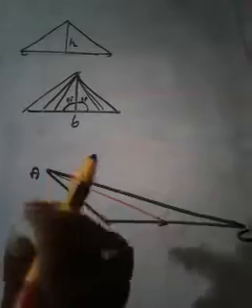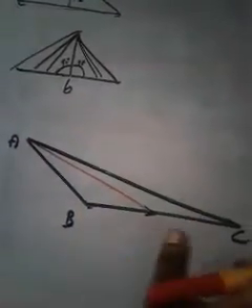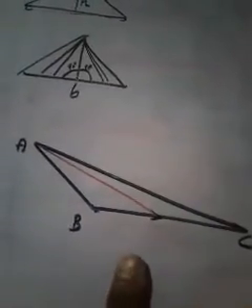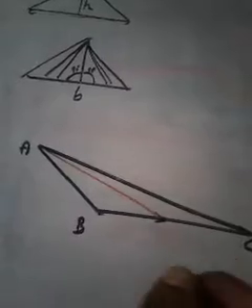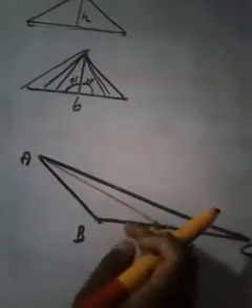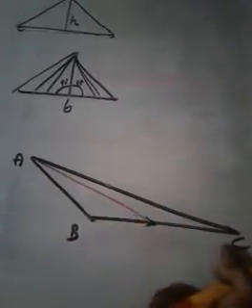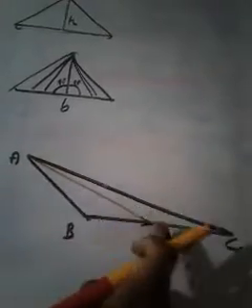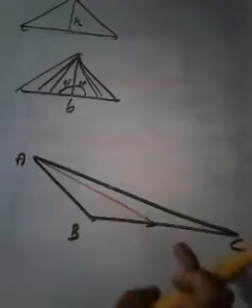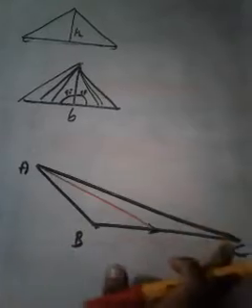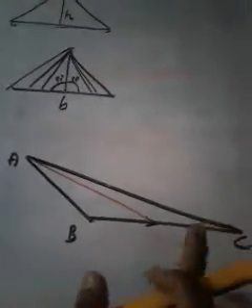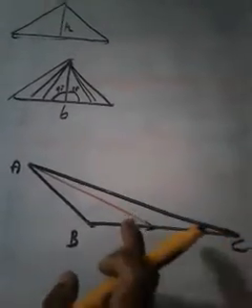Inside this triangle, no one can draw a height. Why? Because the height should be perpendicular. Inside this triangle, if you are considering BC as the base, we cannot draw a height. That means we cannot draw a line perpendicular to the base BC inside this triangle. That means, in short, we cannot draw a height inside this triangle.